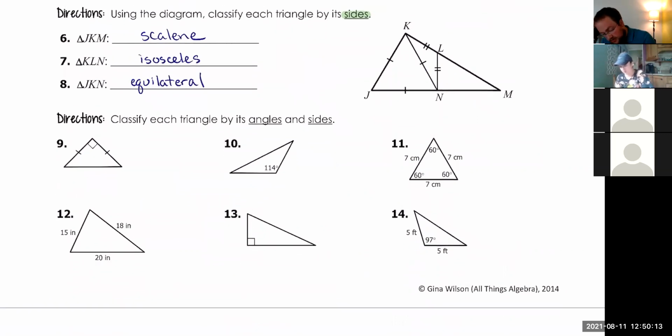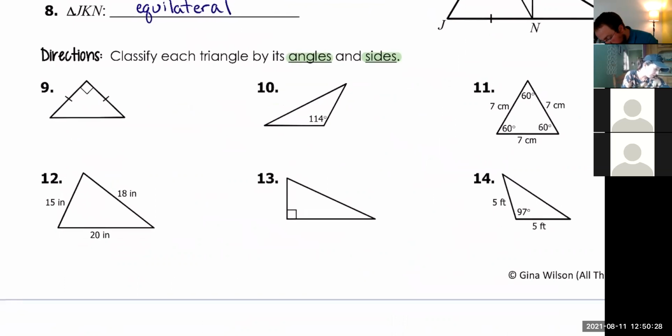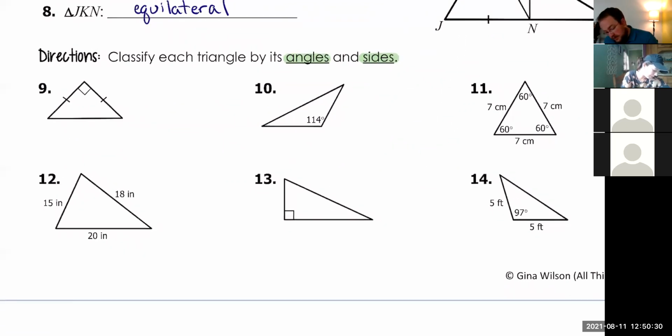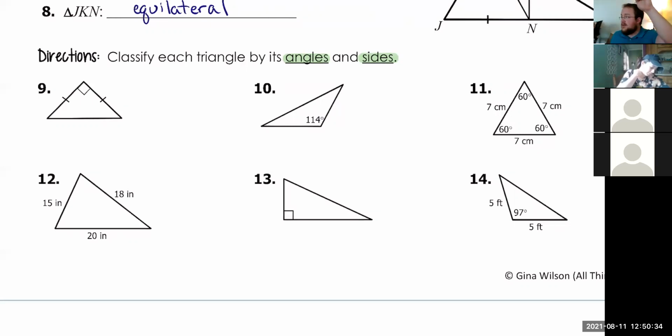So what we're going to do here real quick is take a look at these triangles, and we're going to classify them both ways, both by their angles and their sides. So we're going to use two descriptive words for each. Bring this up here.